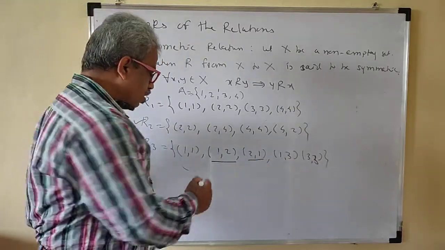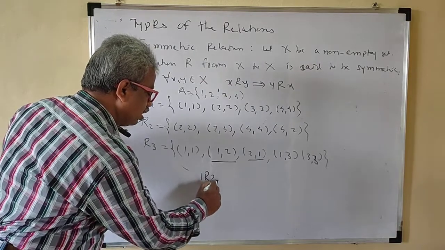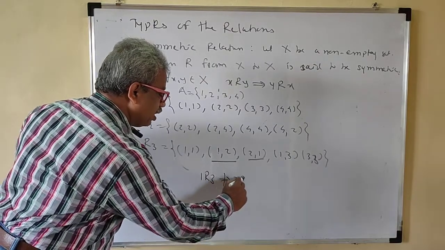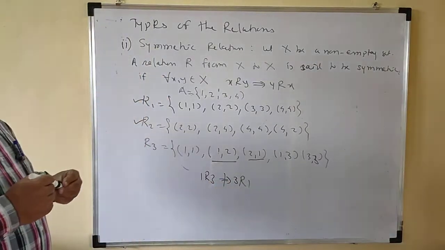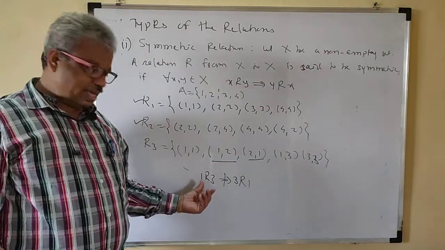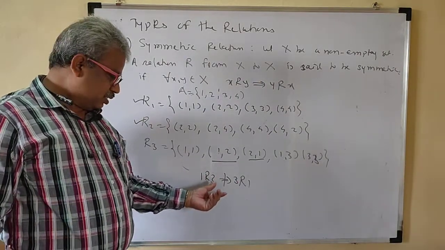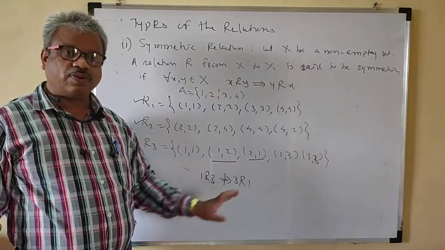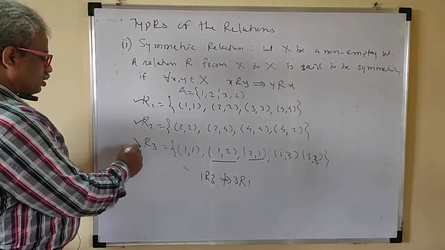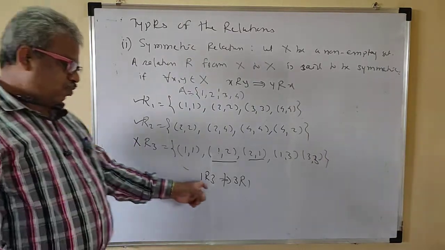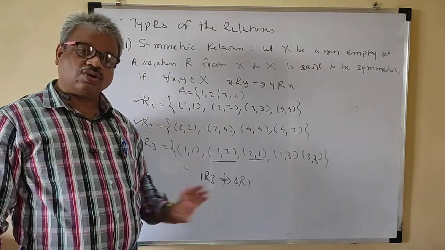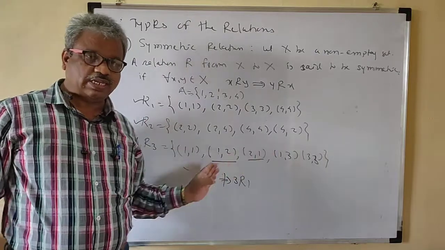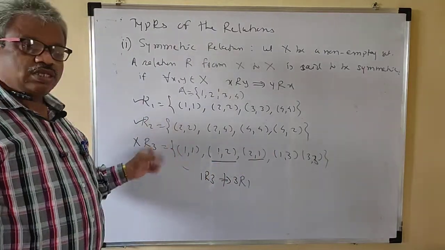So 1 related to 3 does not imply that 3 is related to 1. That means x related to y does not imply that y is related to x. So this is not a symmetric relation, because 1 is related to 3, but 3 is not related to 1.